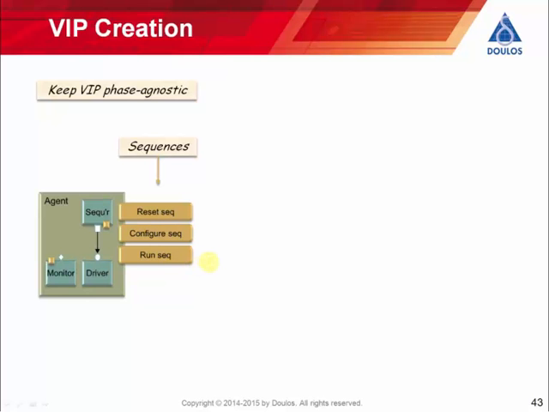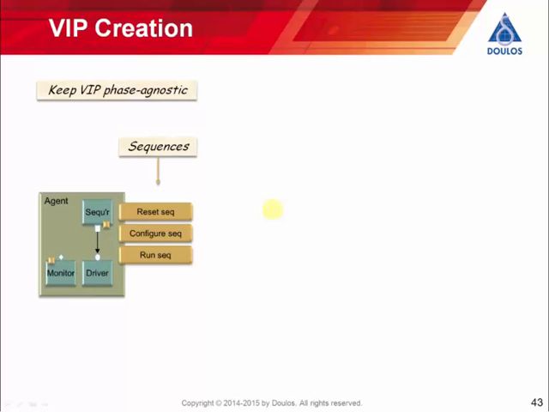At this stage, there's no reason to introduce runtime phases. Why would you? You can just write sequences to perform the necessary actions, and that gives you complete flexibility to execute those sequences whenever you want, which could be from other sequences, from virtual sequences, or from runtime phases.